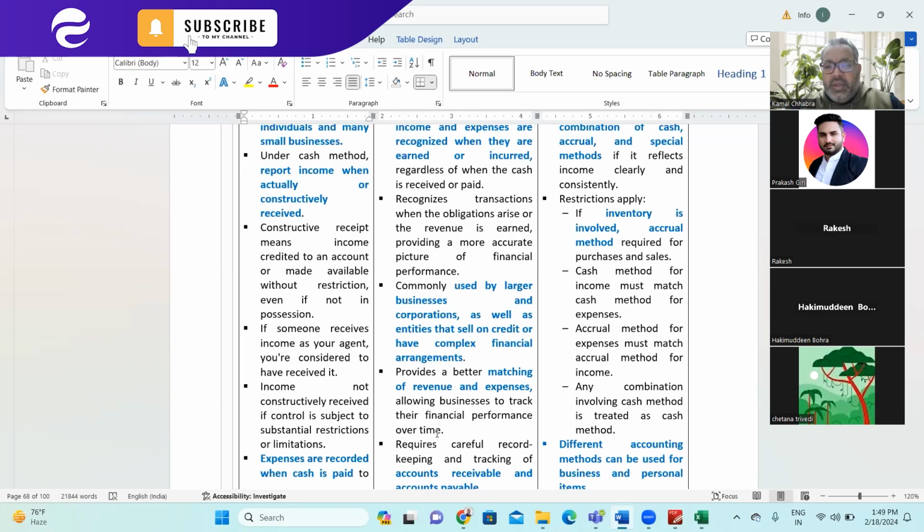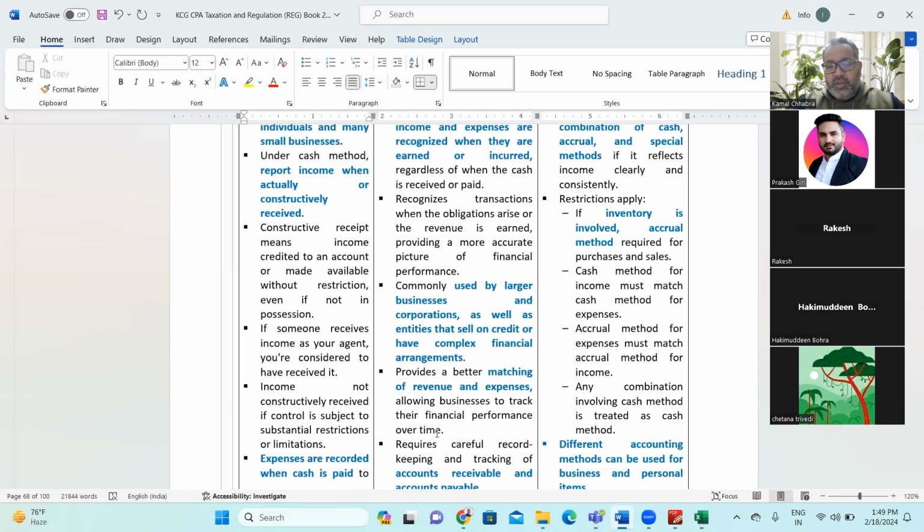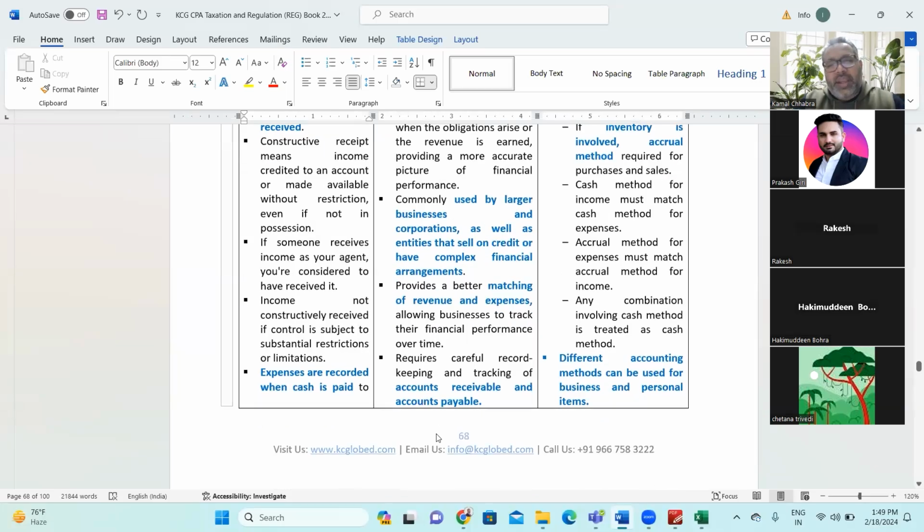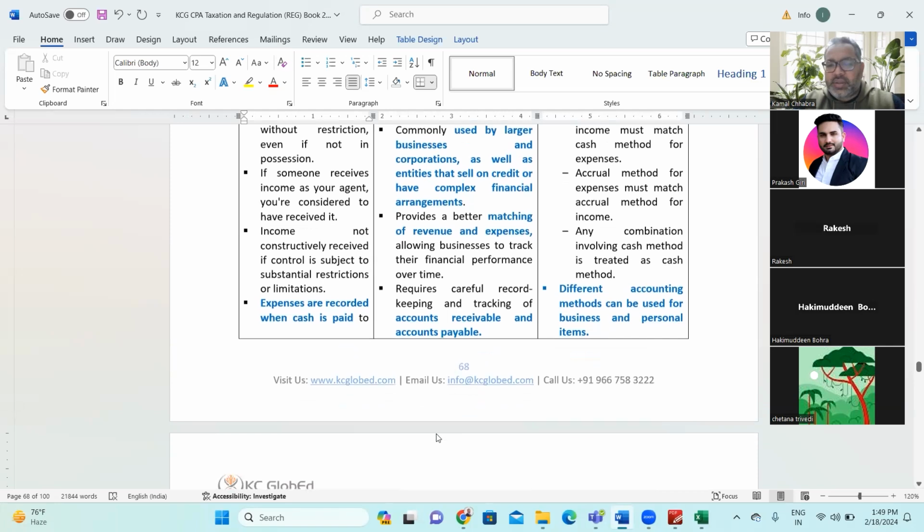The cash method for income must match the cash method for expenses. The accrual method for expenses must match the accrual method of income. Any combination involving the cash method is treated as the cash method. That means when cash and accrual are mixed together, you need to follow the cash method of accounting for that particular transaction.